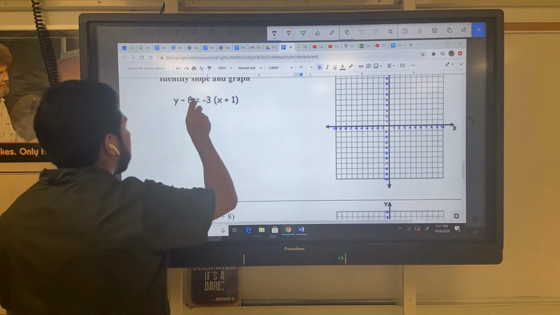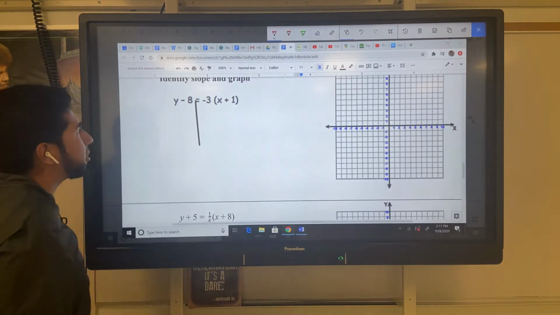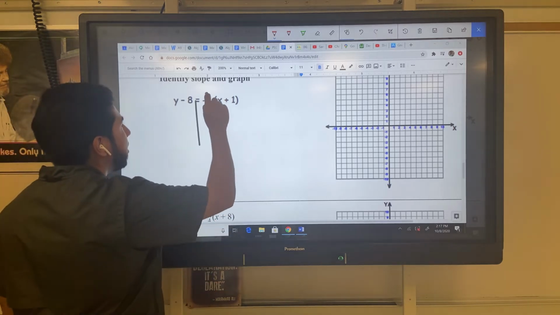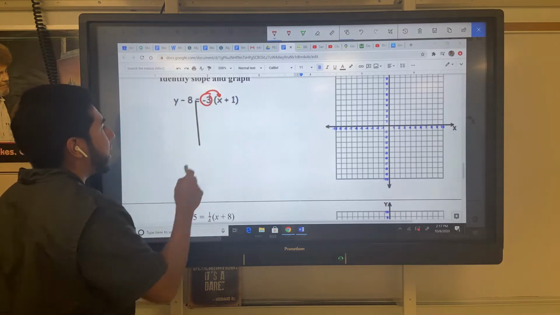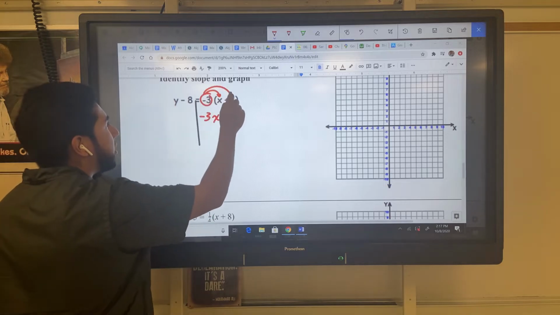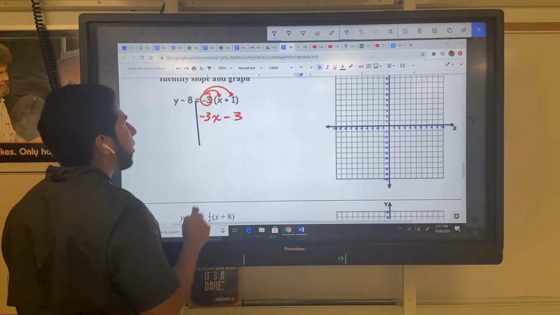So convert first. First thing you got to do, hopefully we're all experts at this. When I see parentheses, I need to multiply, distribute. Circle, -3 times x. What's -3 times x? -3x. -3 times 1. Use your calculator, -3.